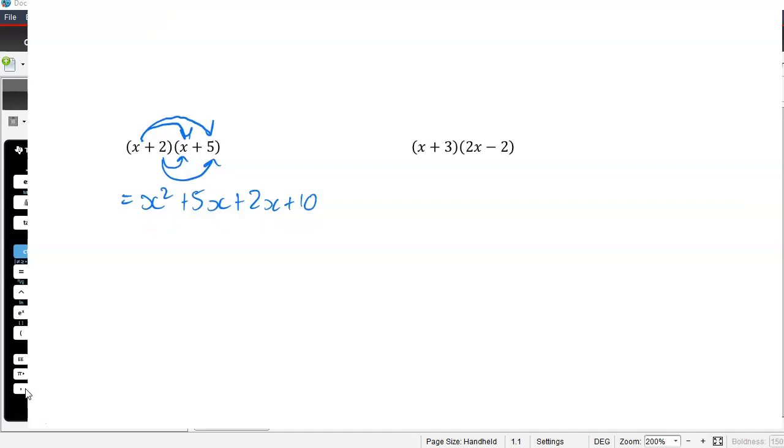Now looking at this, you'll see there's some like terms there. So that is x squared, 5x plus 2x is 7x, plus 10. And that's my final answer.